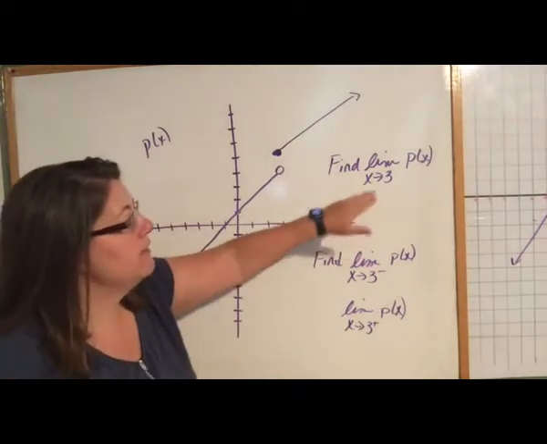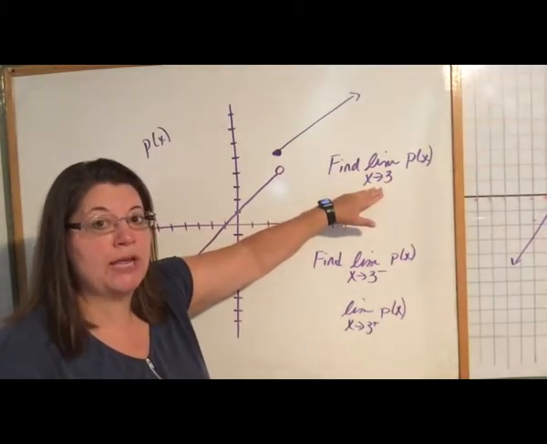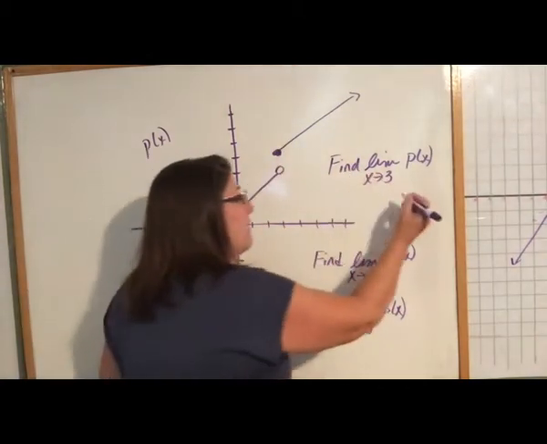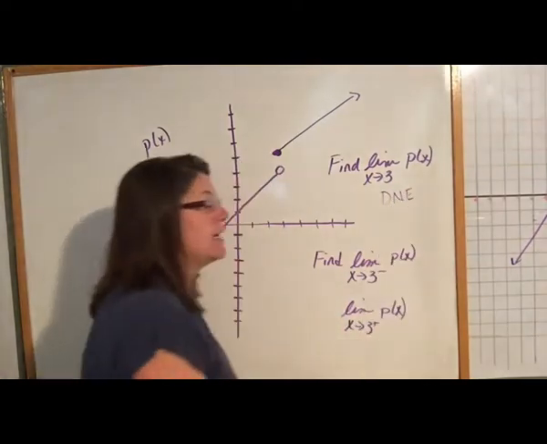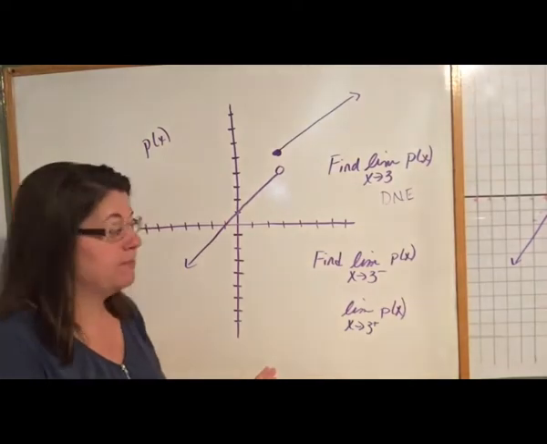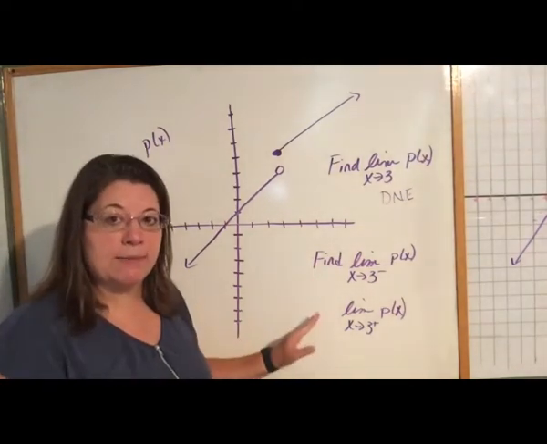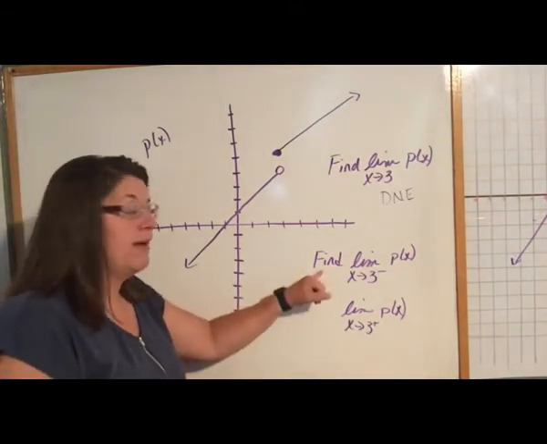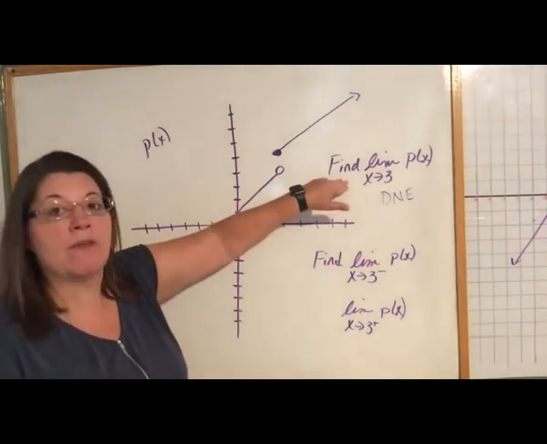So when we're finding the limit as x approaches 3, since those two things are two different numbers, we have to say the limit as x approaches 3 does not exist, because it's not approaching the same thing from the right and from the left. But look down here. Now I've got some one-sided limits, and they're going to separate some of the problems sometimes. They'll say find the left-sided limit, find the right-sided limit, and then find the limit of the whole thing.